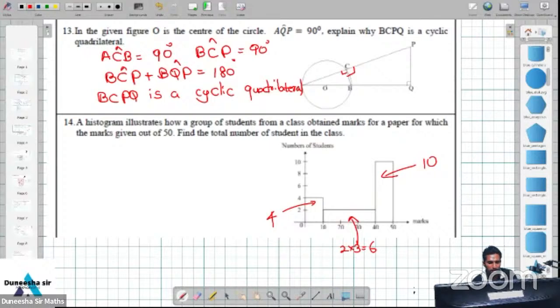How much the total? Total represent 4 plus 6 plus 10. 20 students.